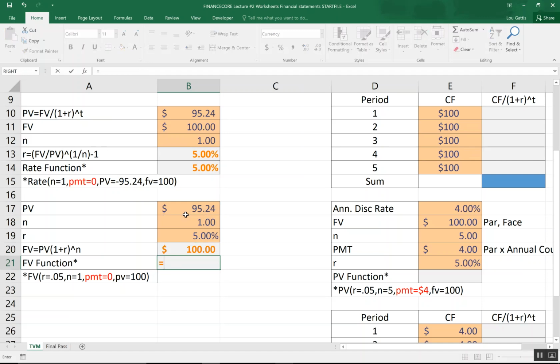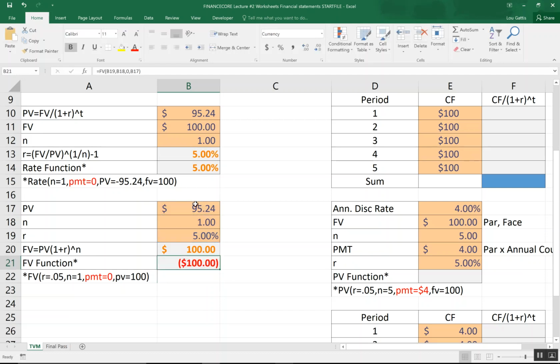However, I could also use a future value function, equals FV. Let's put in the rate, comma, periods 1, comma, payment, let's go with 0. We're going to do payments in a little bit. And then we're going to put in a present value of $100.